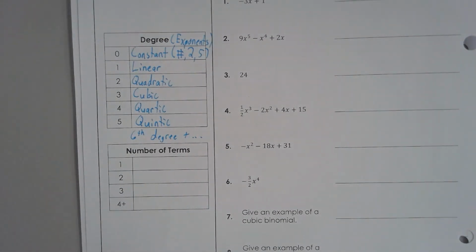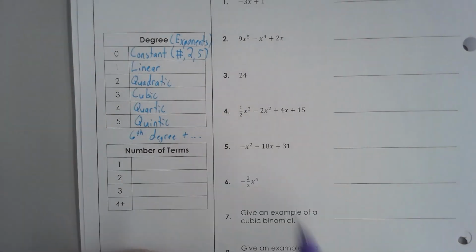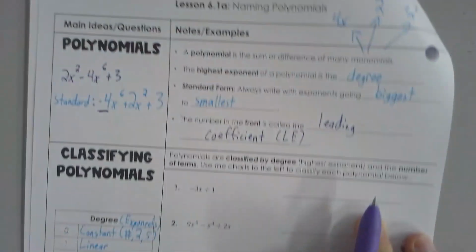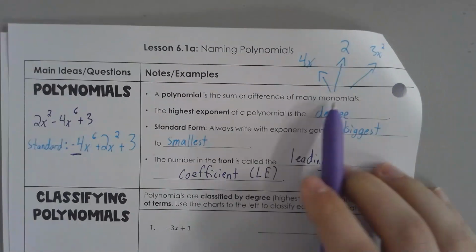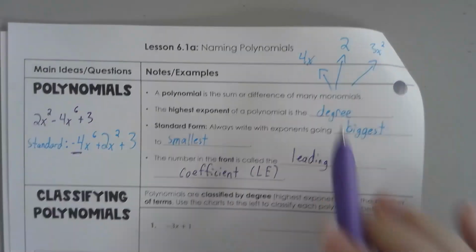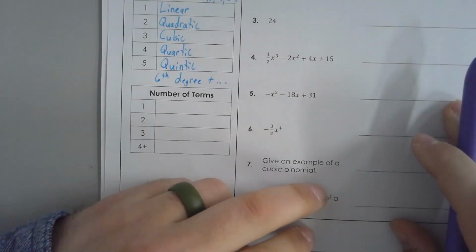Alright, so the degree, we've got that. That's the first thing we use to classify a polynomial. Second is the number of terms. If it's got one term, that's what we called this, monomial, because mono means one.